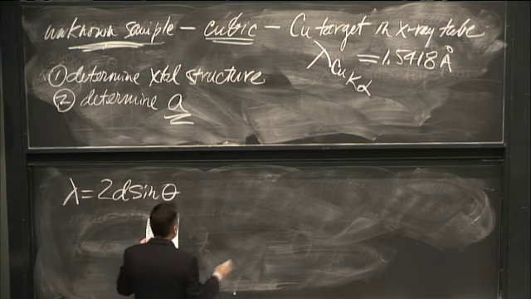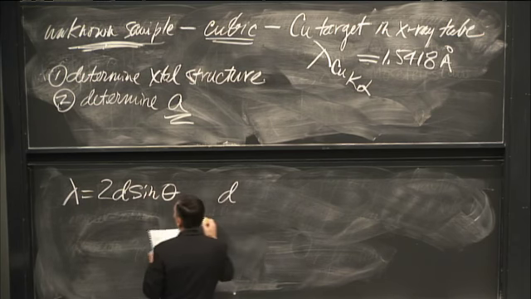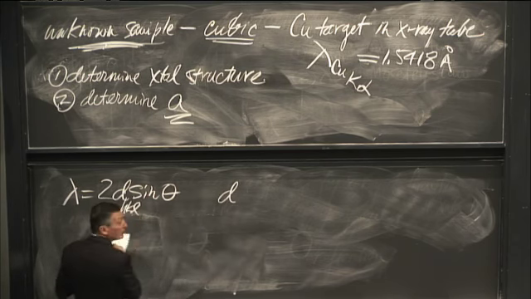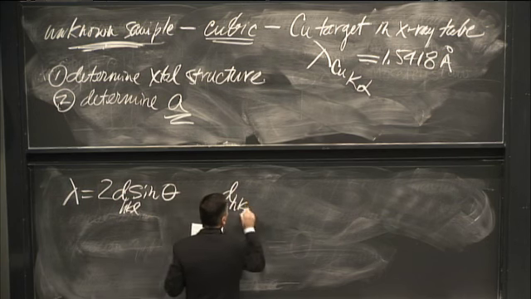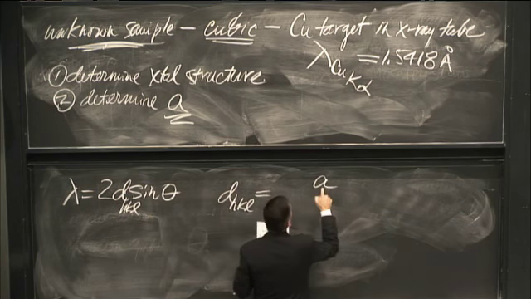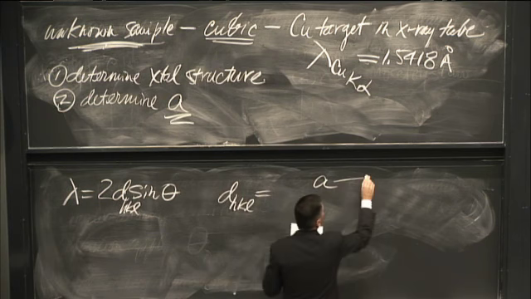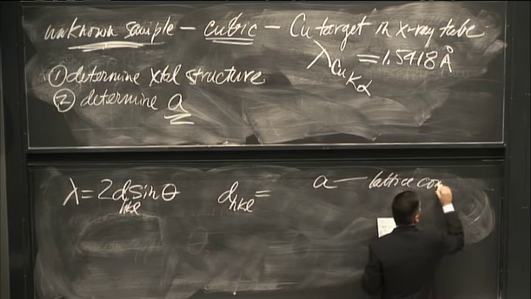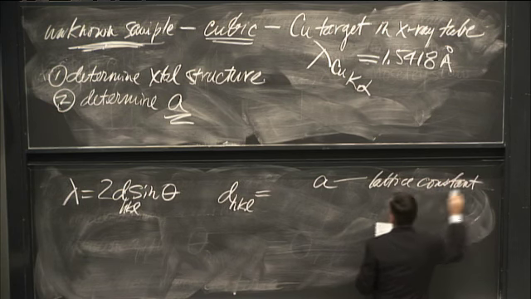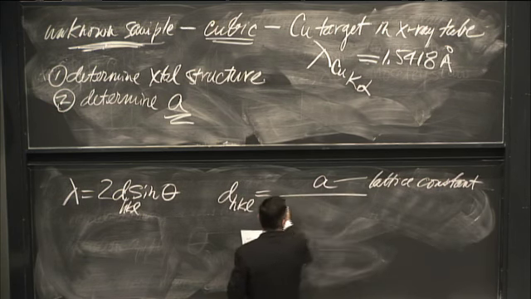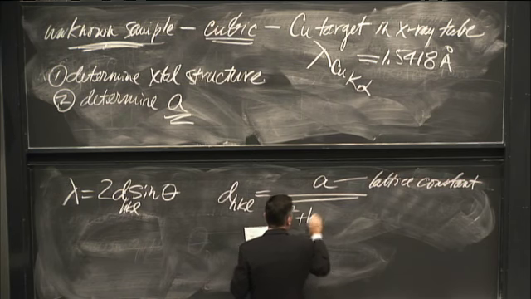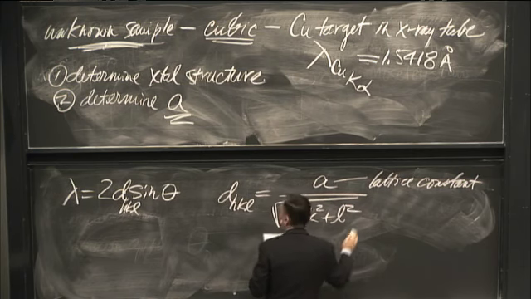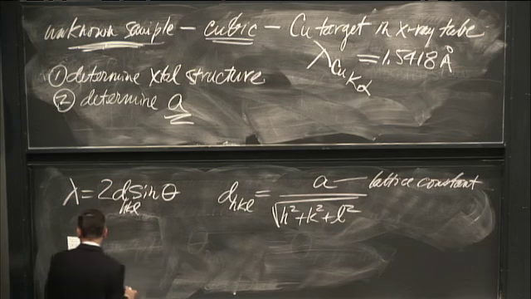And you also know that d HKL is equal to a, the lattice constant, the cube edge measurement, divided by the square root of h squared plus k squared plus l squared. So what I do is combine the 2.